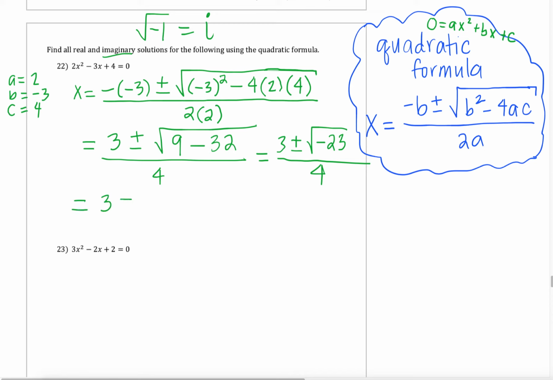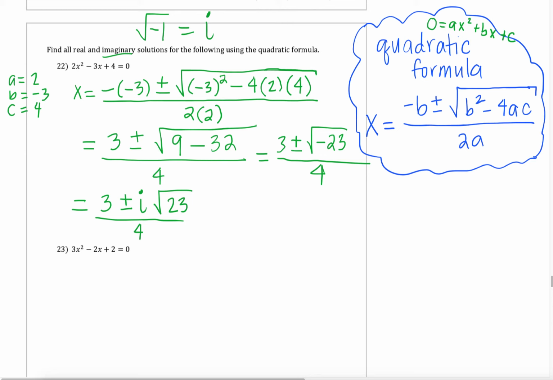So I end up with 3 plus or minus i times the square root of 23 all over 4 still. And so that i is coming by taking the square root of -1 and replacing it with the definition of i. And notice the i is outside of the square root by definition. So the square root of -1 is equal to just i, not the square root of i. So that's why we take it out of the square root.